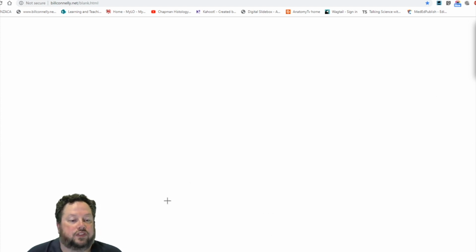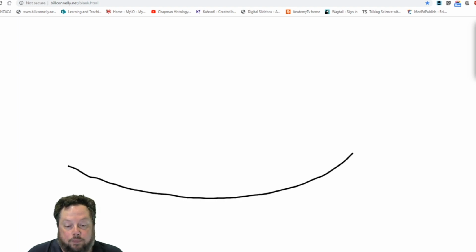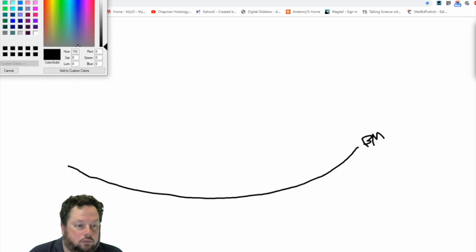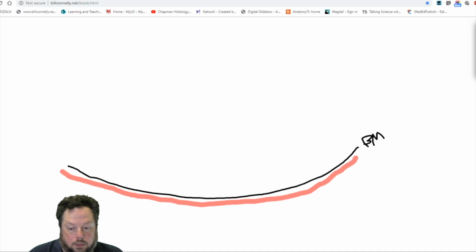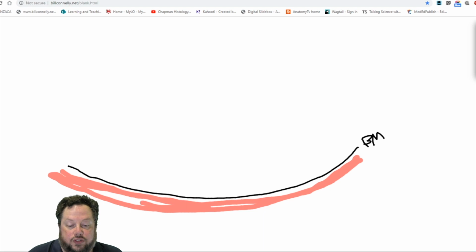All right, so the seminiferous tubules, of course, is the location where spermatogenesis takes place. Now, it sits on a basement membrane, and on the outside of the seminiferous tubules, we have several layers of cells called myoid cells.